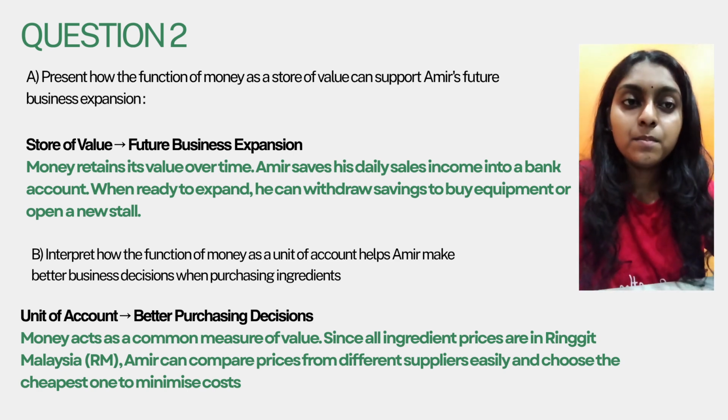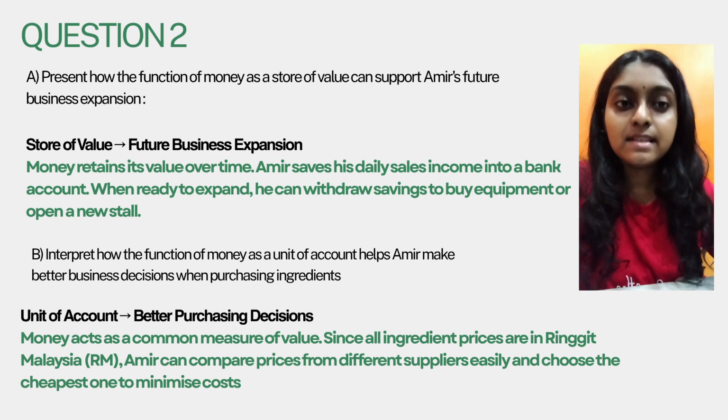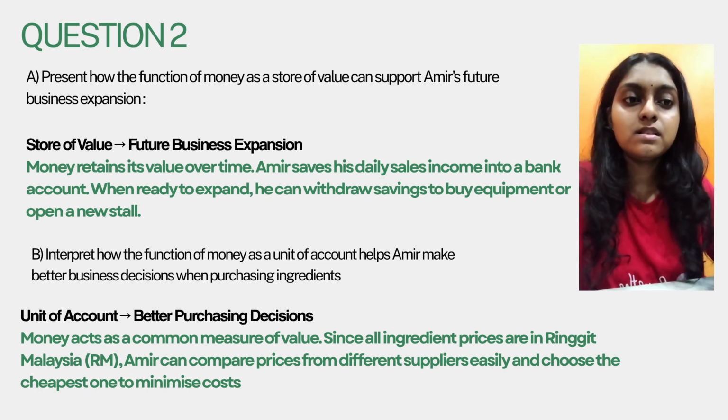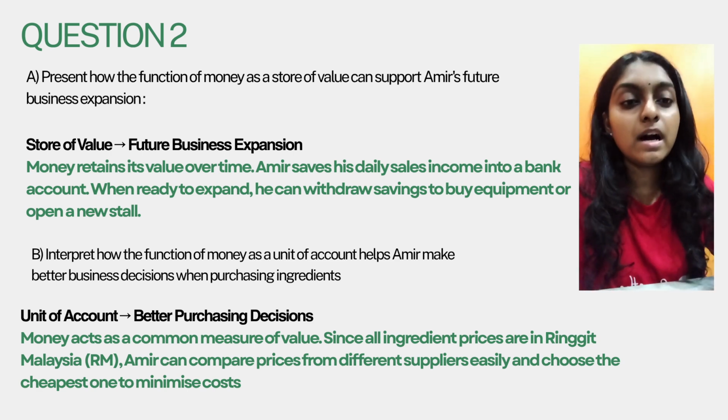Because the unit is measured in RM, he can easily compare the prices side by side, as I gave in the examples. So he can choose the cheapest supplier. Just now I told, supplier A and supplier B. Supplier B's is the highest cost.